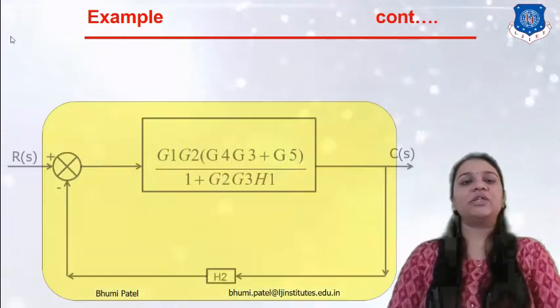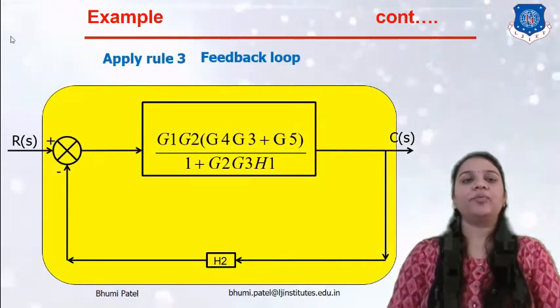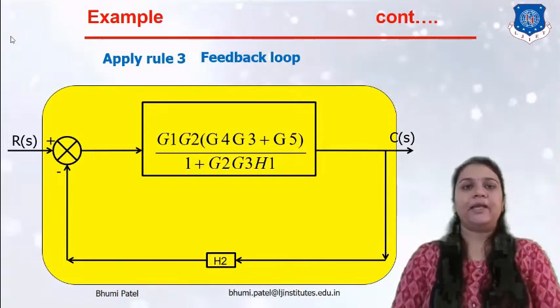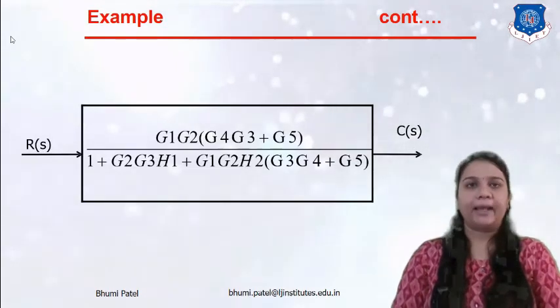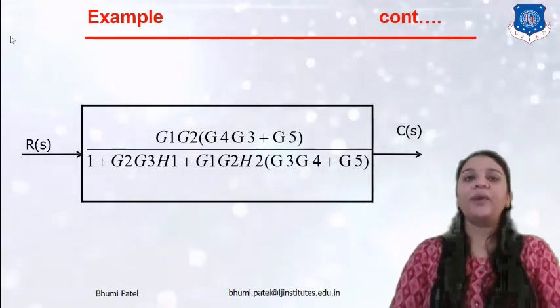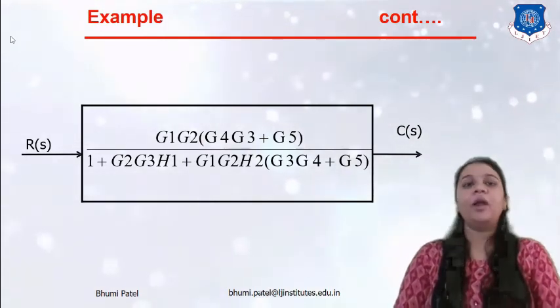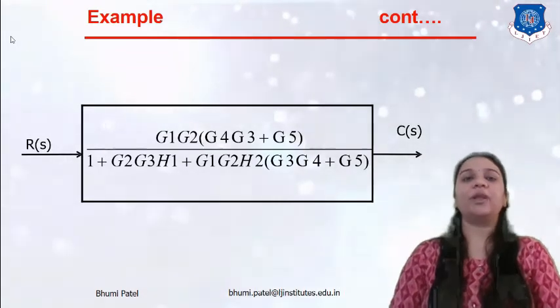Now the last rule is applicable. Rule number 3, elimination of the feedback loop, and the sign of the feedback loop is negative, so the final answer will become G1 G2 in bracket G4 plus G3 plus G5 upon 1 plus G2 G3 H1 plus G1 G2 H2 in bracket G3 G4 plus G5.